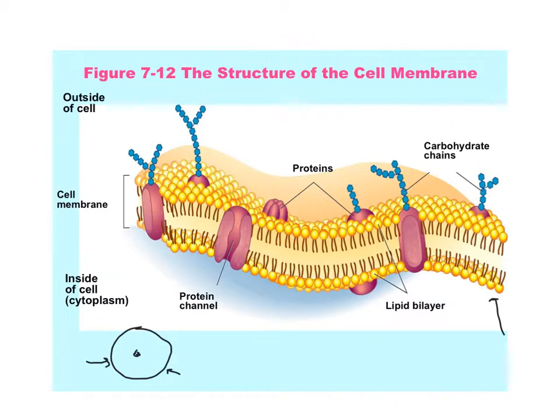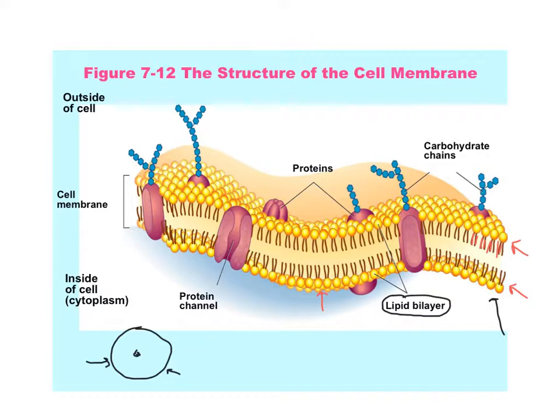So remember, it's made out of lipids, and they say it's a bilayer because, look, there's 1, 2 layers of lipids, and they kind of look like balloons and strings. It is these strings in here, the string part, those are the lipids.